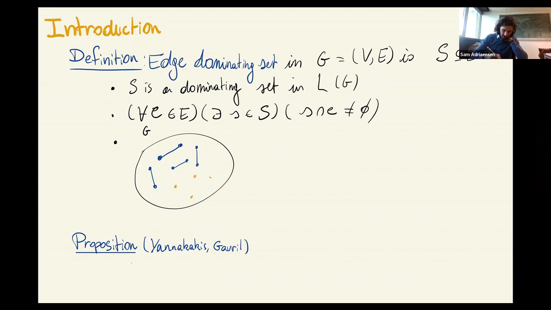So a third way to define this is that the vertices which are not in the union of S are a co-clique in your graph.